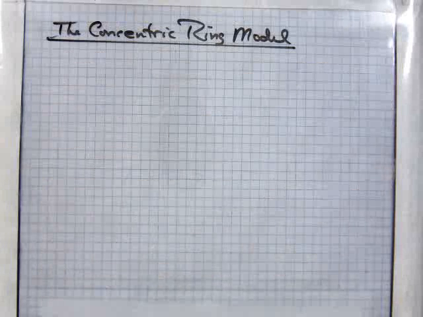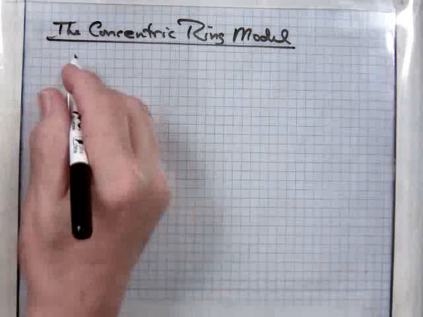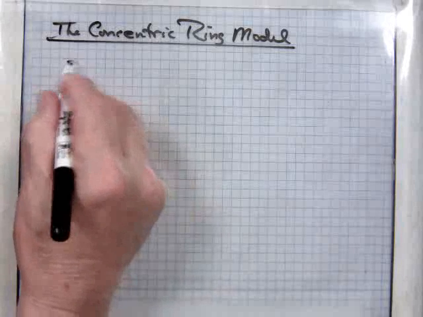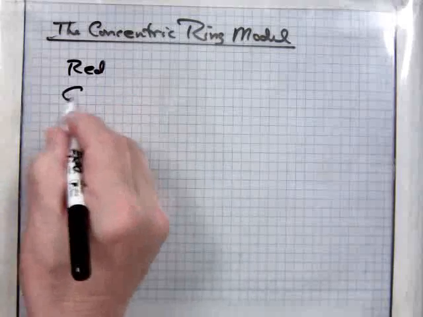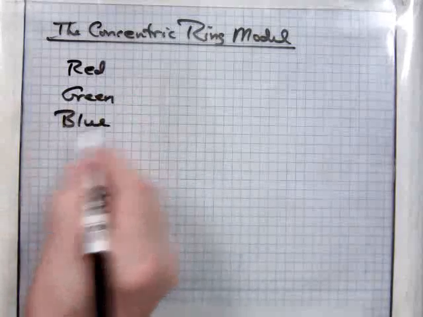Okay, what do we know from the observations? Well, we have this bright line spectrum, which has wavelengths for red, green, blue, and violet.